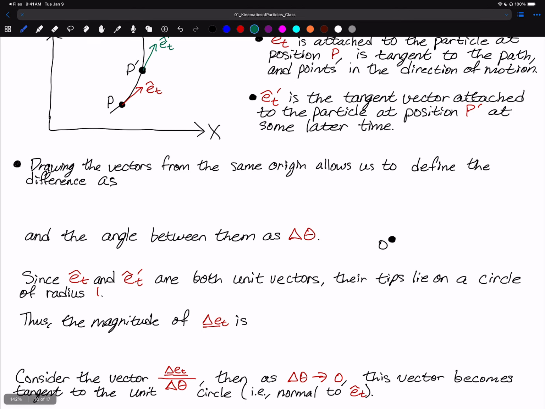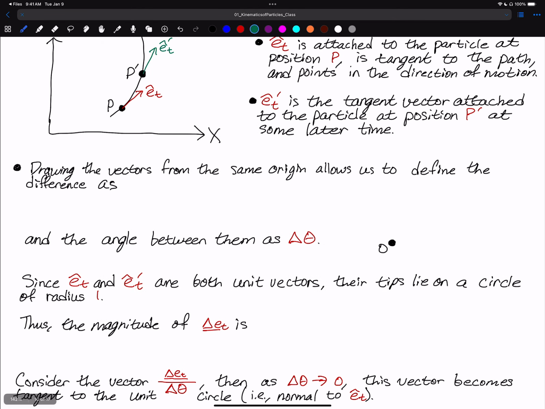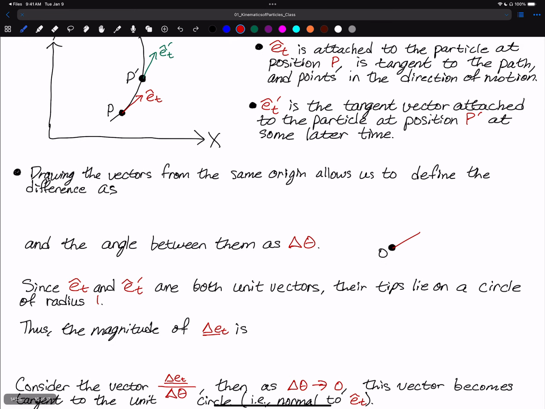Let's draw our two unit vectors: first we have E hat T, and then at that later time we have E hat T prime.